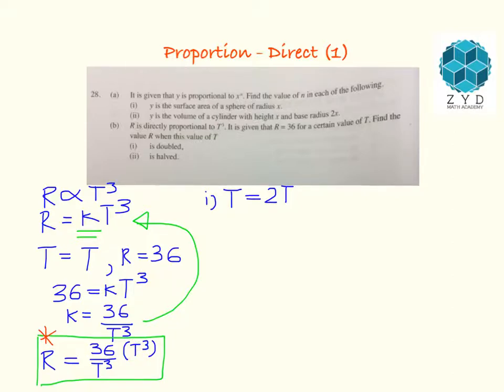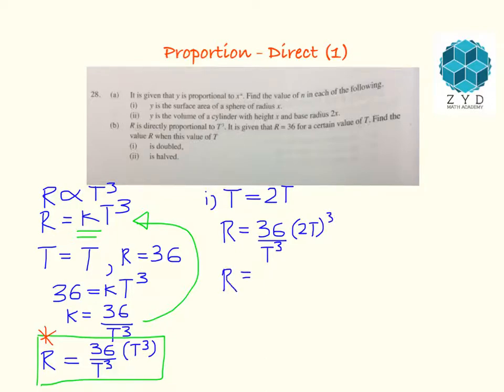Okay, and we will get r equals 36 over t cube, where the value of t here is 2t, and then a cube there.